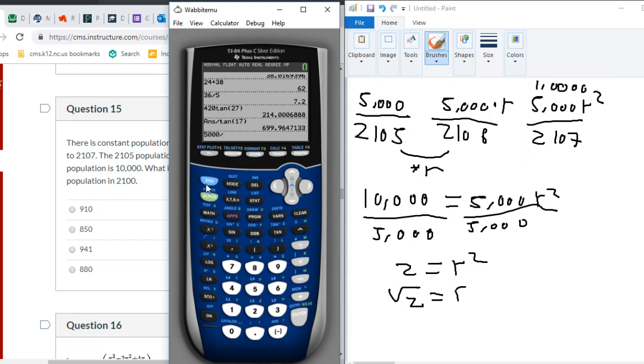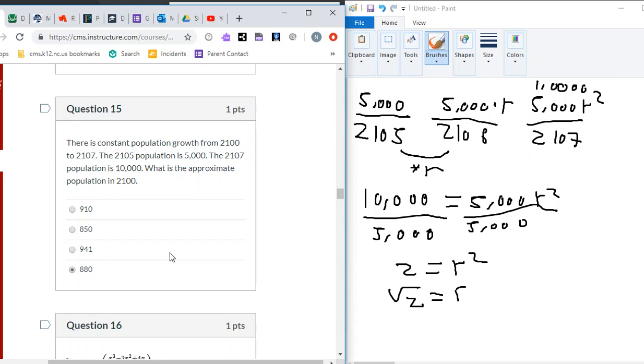So dividing by the square root of 2 gives us the population in 2104, population in 2103, population in 2102, population in 2101, population in 2100, which is 883, which is closest to 880.